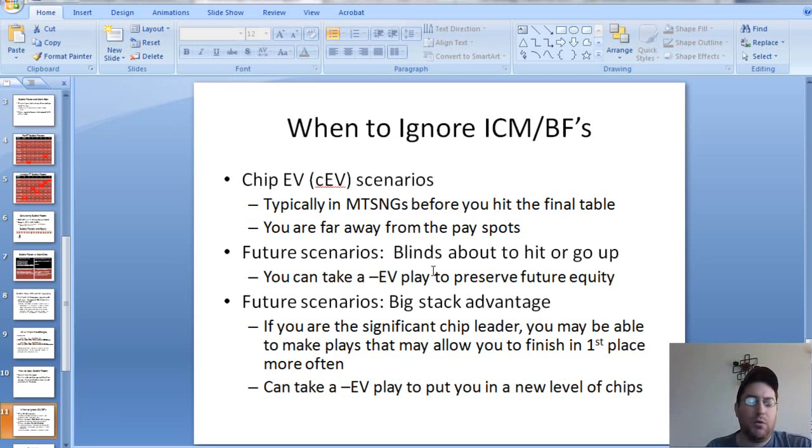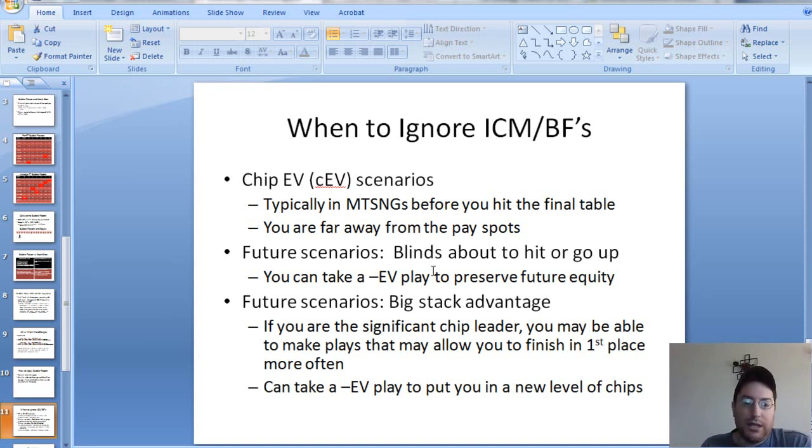But also, more importantly, our future scenarios is where we can start ignoring the ICM and bubble factors. Two main future scenarios. One is, ICM and bubble factors as a whole take into consideration your situation as it's presented to you. Especially if you're playing with like Sit and Go Wizard, it doesn't know that the blinds are about to hit you, or if you look in your info box that in less than 1 minute the blinds are about to go up.